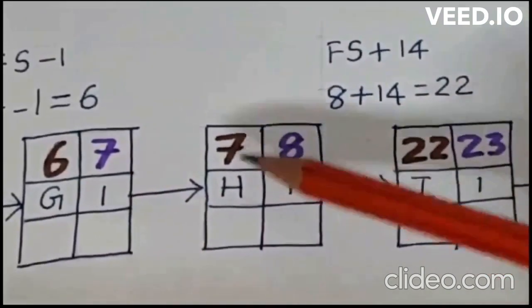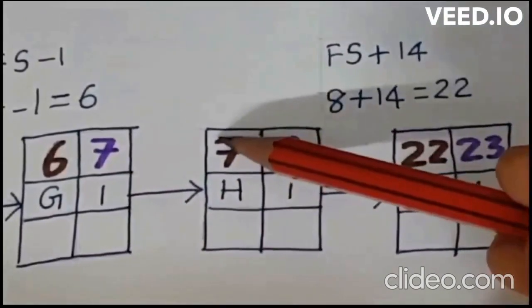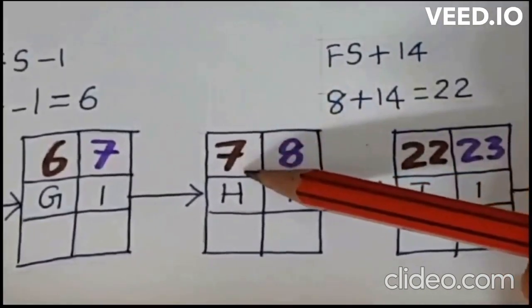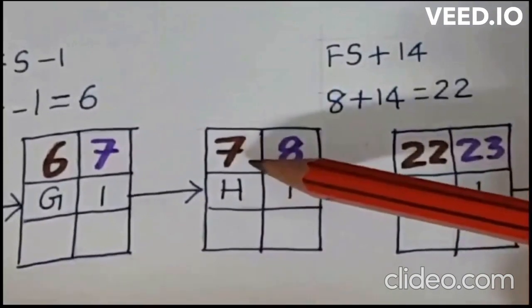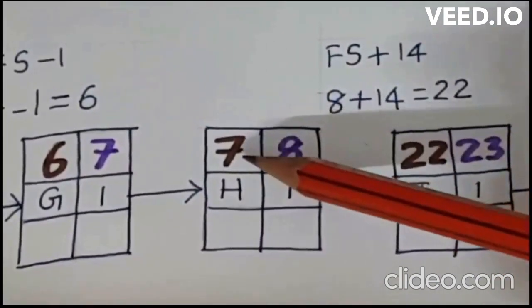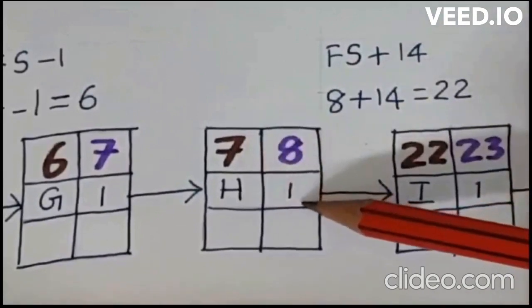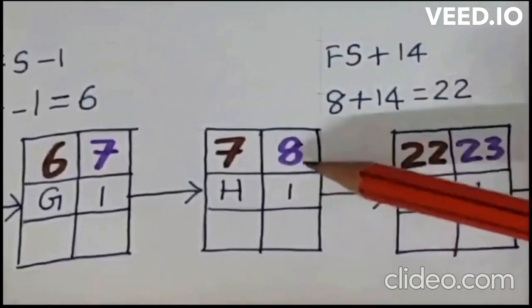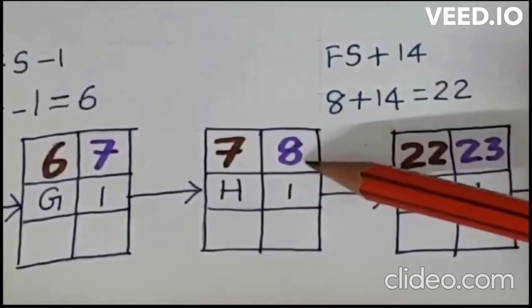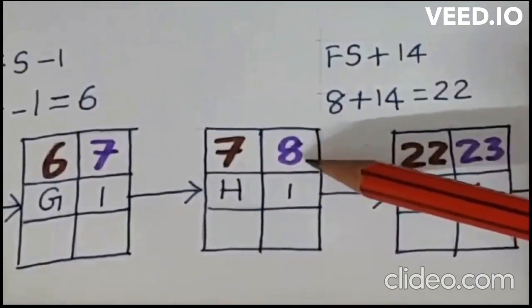So you can just mention it as 7 here. The earliest start time of activity H will be 7. Now what will be the earliest finish time of H? It will be earliest start time plus duration. So 7 plus 1, that is equal to how much? 8. So you can enter that value 8 as the earliest finish time of activity H.